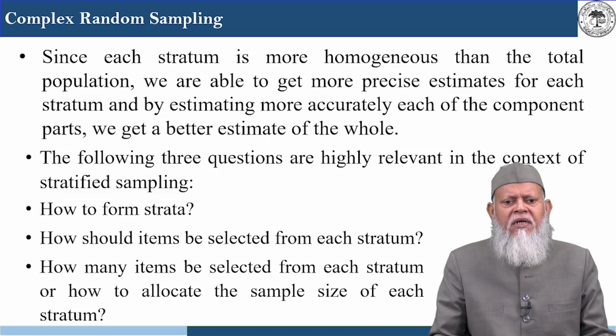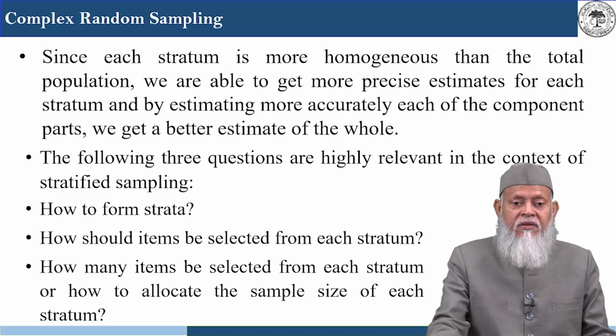Since each stratum is more homogeneous than the total population, we are able to get more precise estimates for each stratum, and by estimating more accurately each of the component parts, we get a better estimate of the whole.